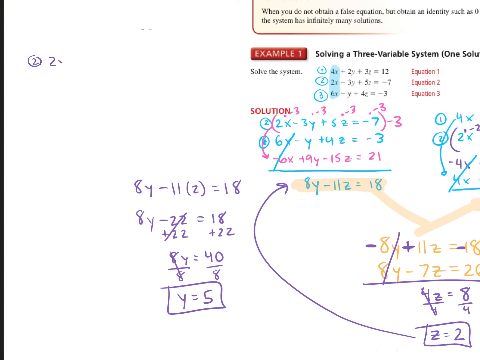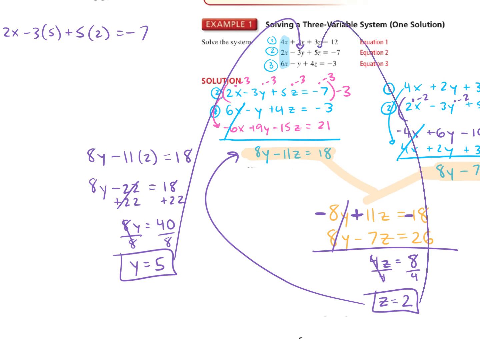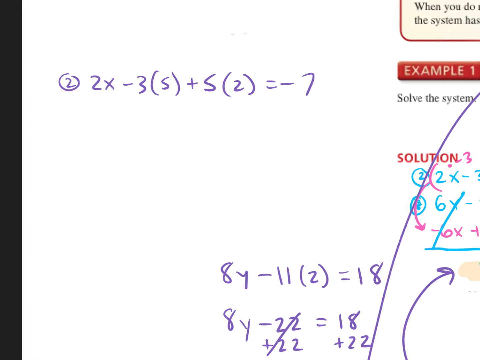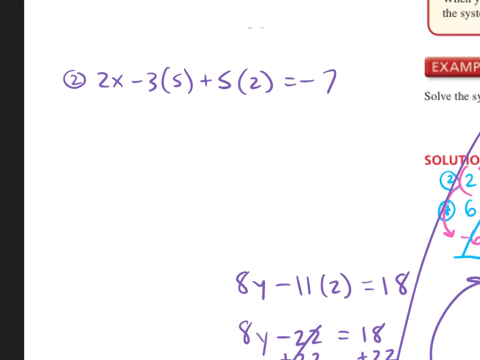So I have 2x minus 3y, which y we said was 5, plus 5z, and z we said was 2, is equal to negative 7. So I'm taking y and plugging it into equation 2, and I'm taking z and plugging it into equation 2. So I'm plugging them both in. And then from here, we're just going to solve for x.